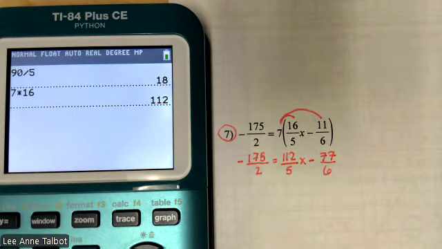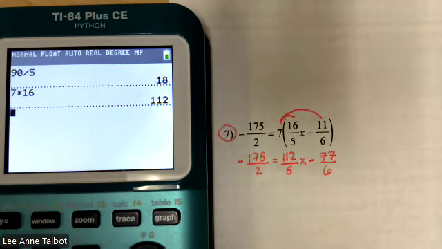Okay, what's the least common denominator between 2, 6, and 5? I think it's 30. I don't think there's anything lower than that. Yeah.